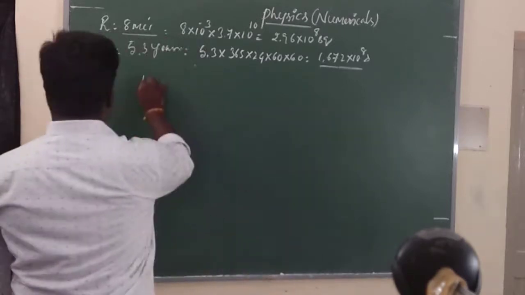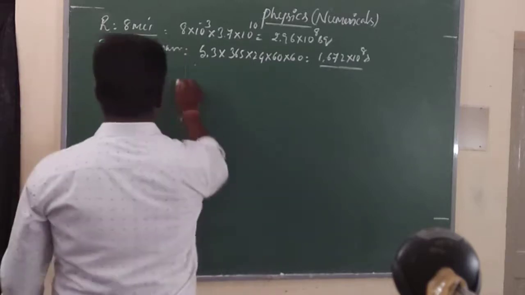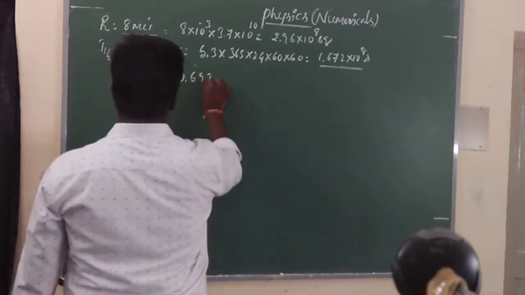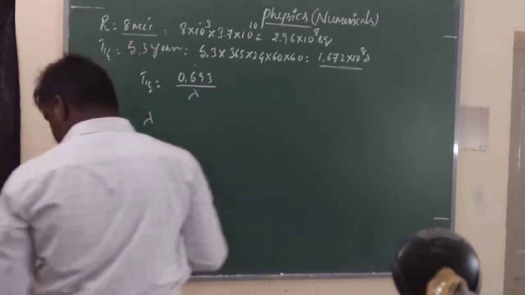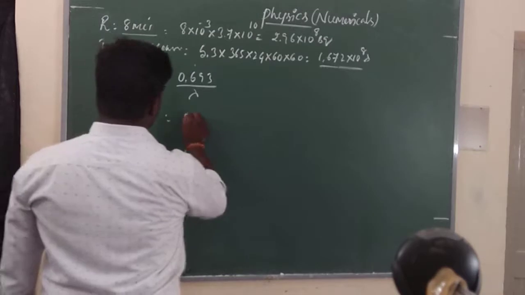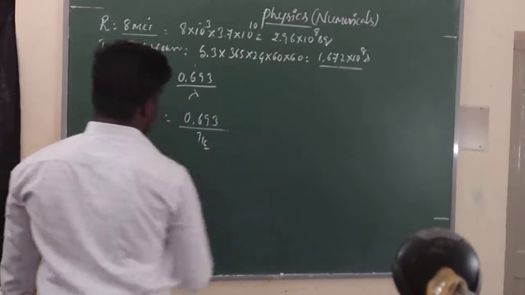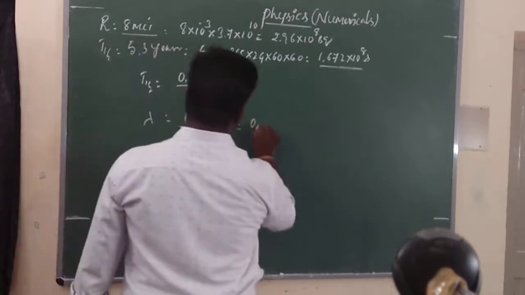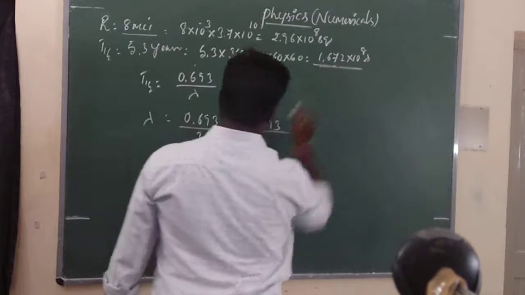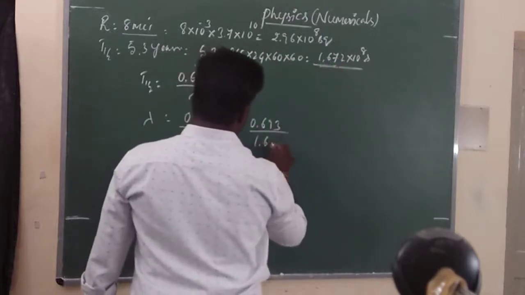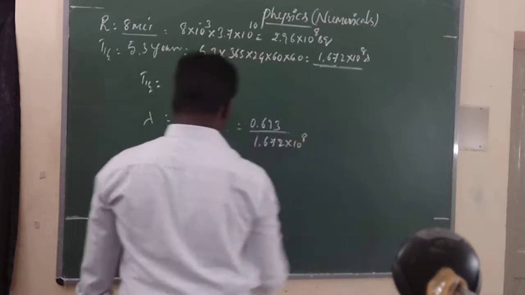That is T half is equal to 0.693 by lambda. So lambda is equal to 0.693 divided by T half, that is 0.693 divided by 1.67 into 10 to the power of 8.